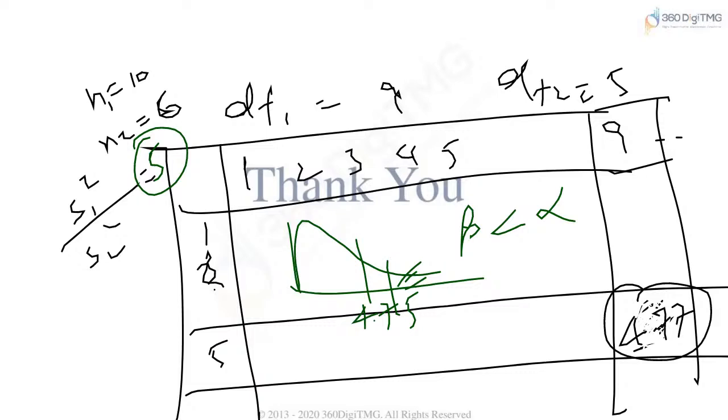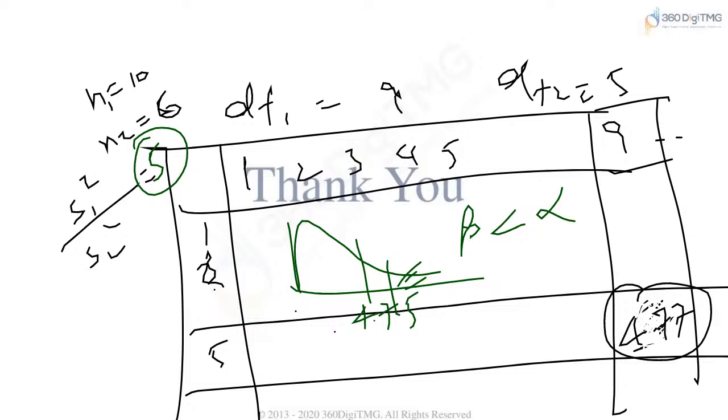When the objective is to compare the variances, we use the F distribution. Am I clear?